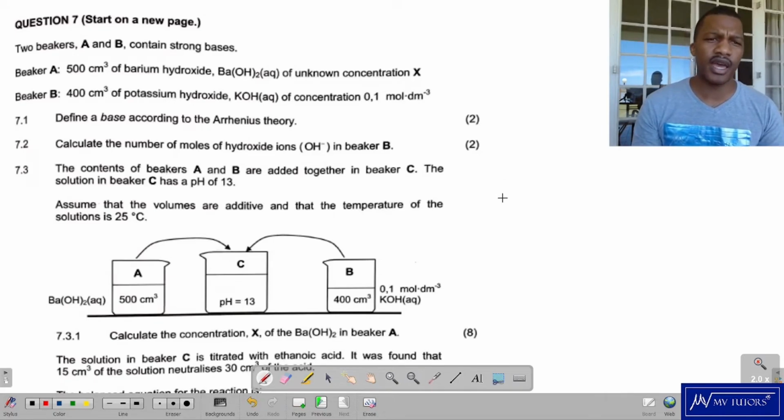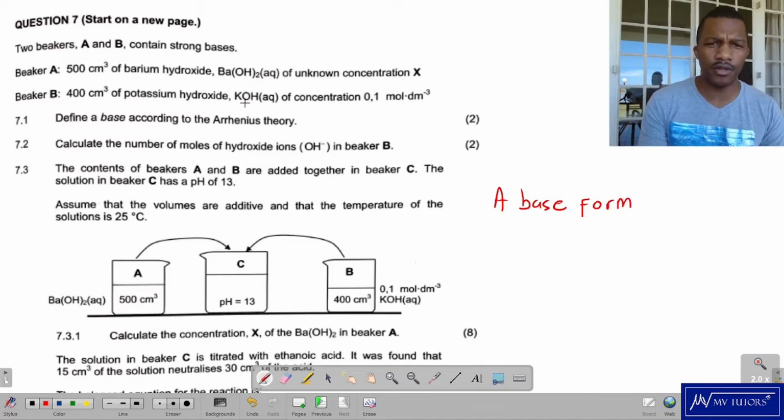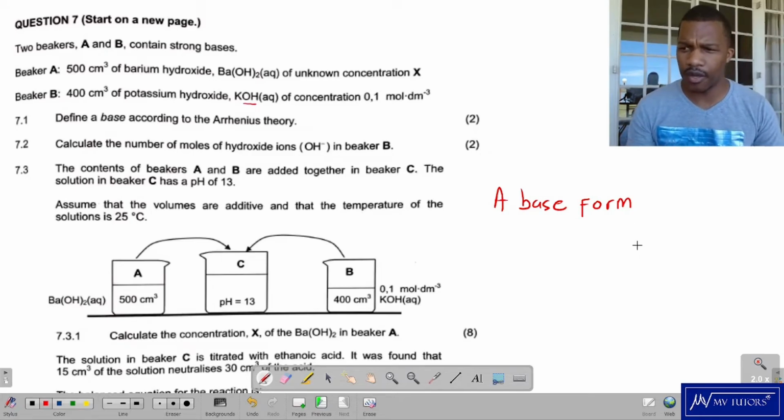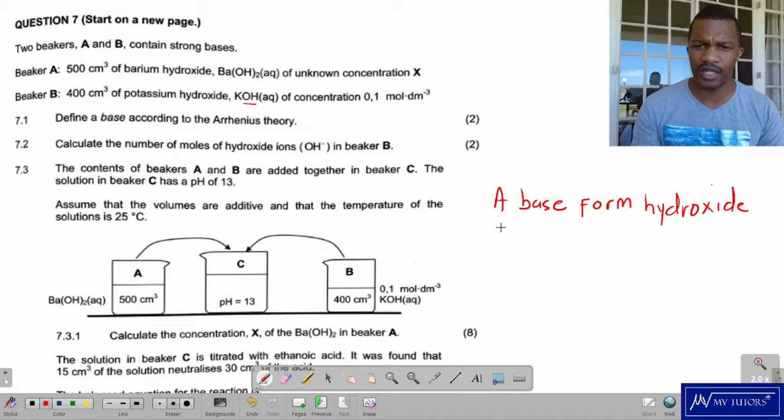A base actually forms these OH ions, we call them hydroxide ions, in water. So a base ionizes to form hydroxide ions.